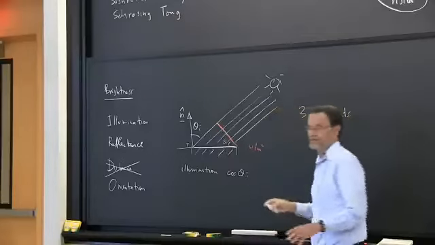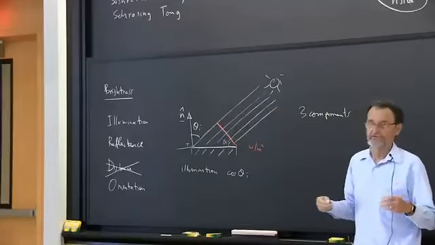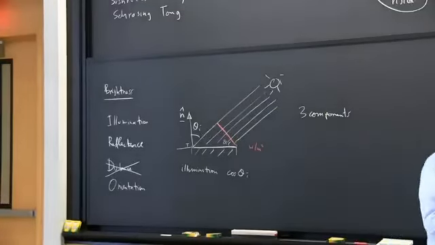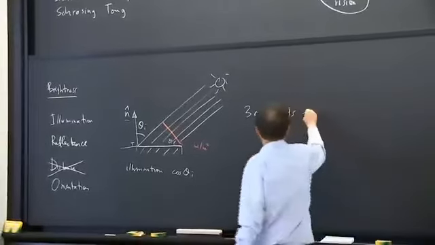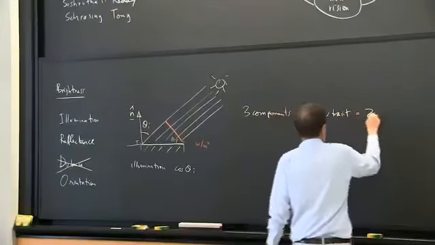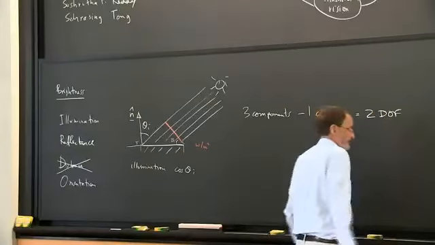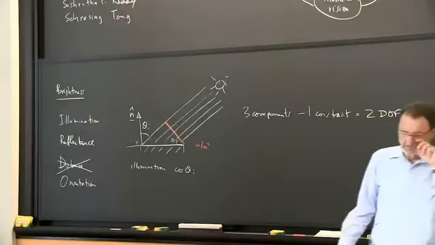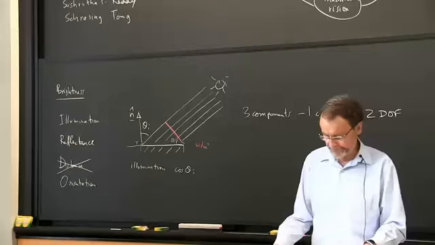This isn't just any old vector, this is a unit vector. So x squared plus y squared plus z squared equals 1. So I have one constraint. So actually, surface orientation has 2 degrees of freedom.